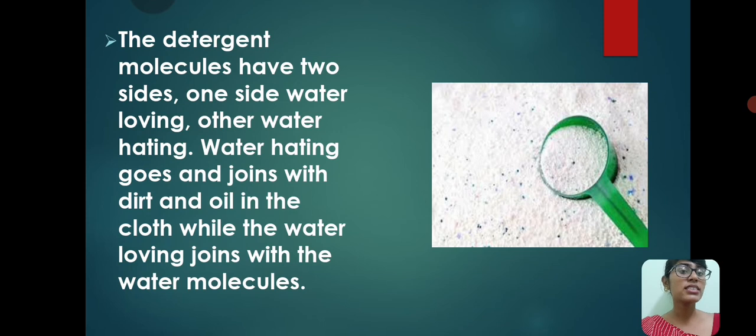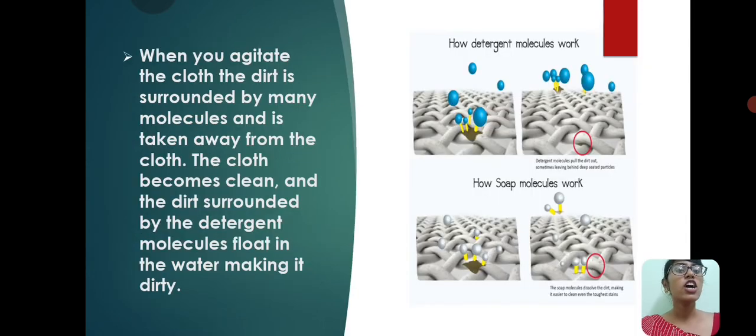By this kind of reaction which is happening in the detergent, our clothes become clean. When you agitate the cloth, the dirt is surrounded by many molecules and is taken away from the cloth. Finally the cloth becomes clean, and the dirt surrounded by the detergent molecules floats in the water, making it dirty.